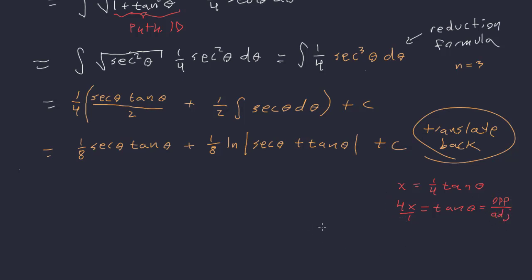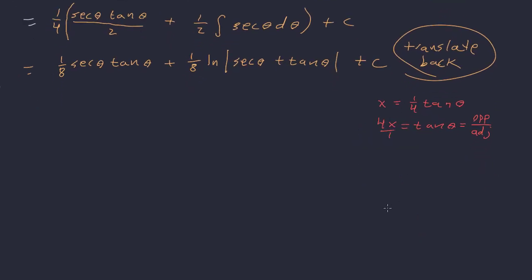So when we set up our reference triangle, our side opposite is going to be this 4x, and our side adjacent is going to be 1. When we do the Pythagorean theorem, we're going to get 1 plus 4x all squared, so that'll be 16x squared, and that's how it always goes. Now when we start translating back, we know that tangent theta on its own is 4x.